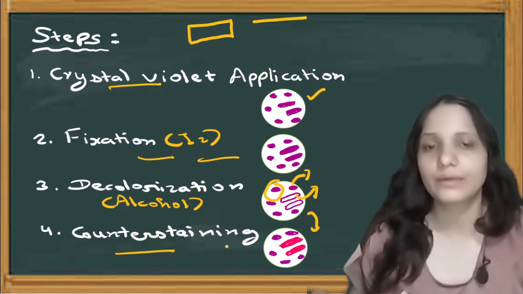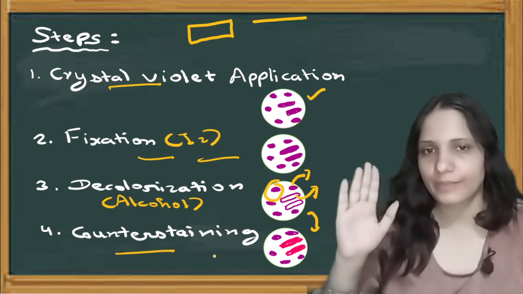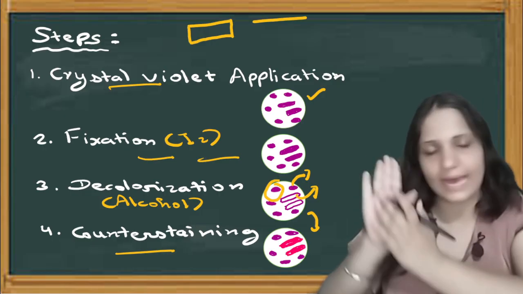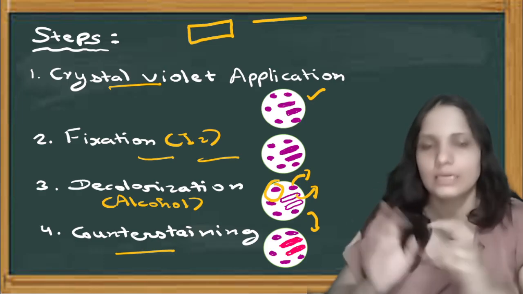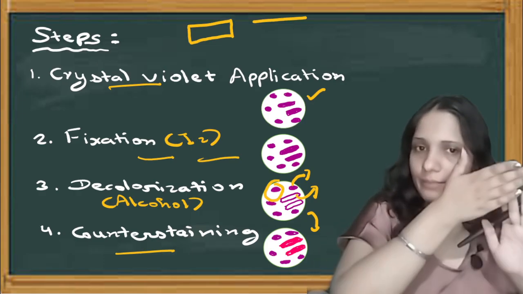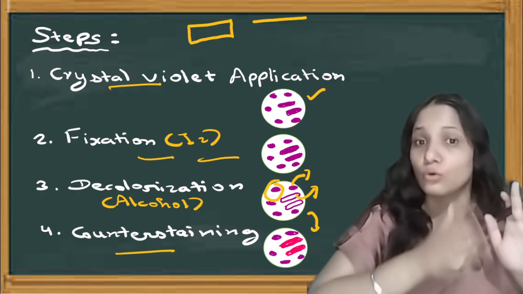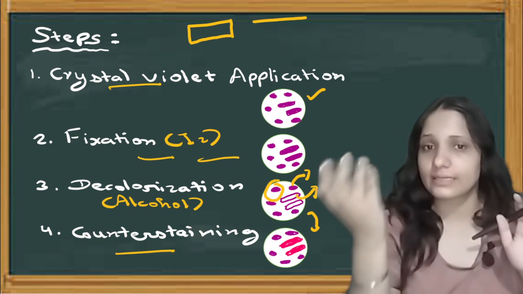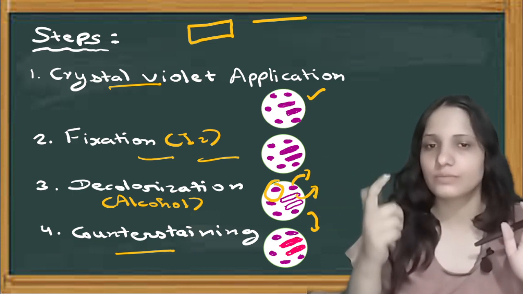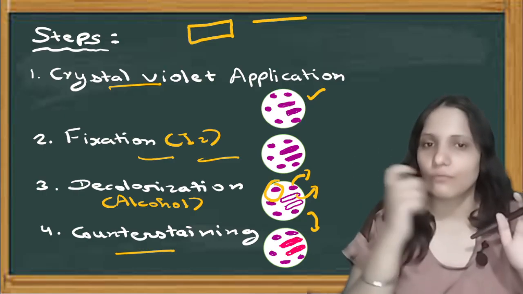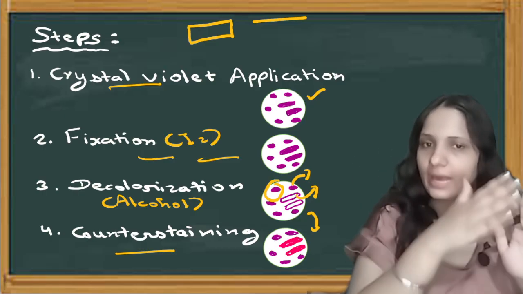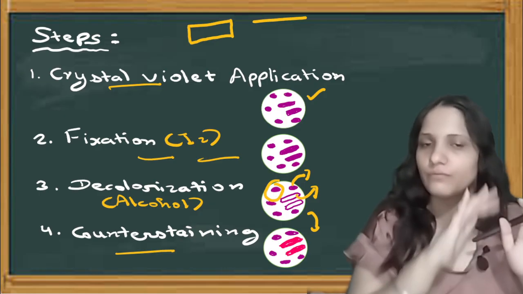In counter staining, what will we see? Gram positive bacteria have their dye as such, this crystal violet, so they are purple in color already. Now the other type of bacteria, the gram negative bacteria, those colorless bacteria, because the dye has been washed out in the previous step, step number 3, when we washed with the help of alcohol or acetone, their color has been washed away.